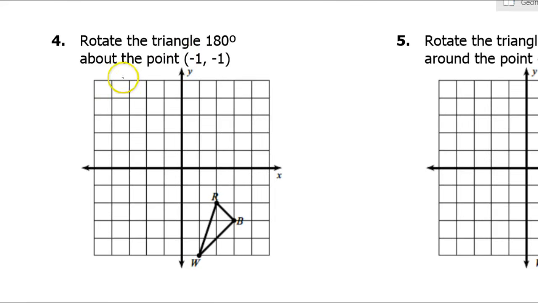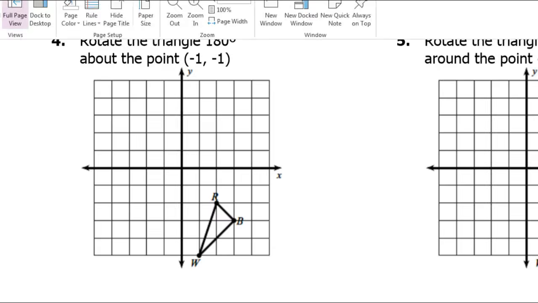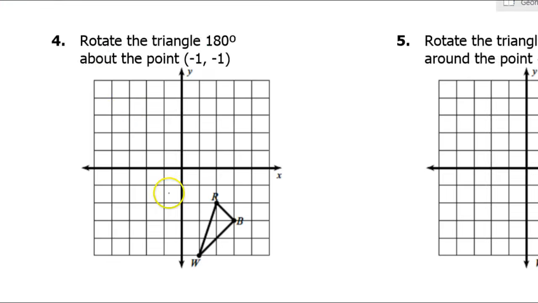All right, so for problem number 4, we're going to rotate the triangle 180 degrees around the point negative 1, comma negative 1. Since we are not rotating around the origin, we need to take this point and pretend it is the origin. Okay, so the point negative 1, comma negative 1 is right here. So let's pretend this is the origin.